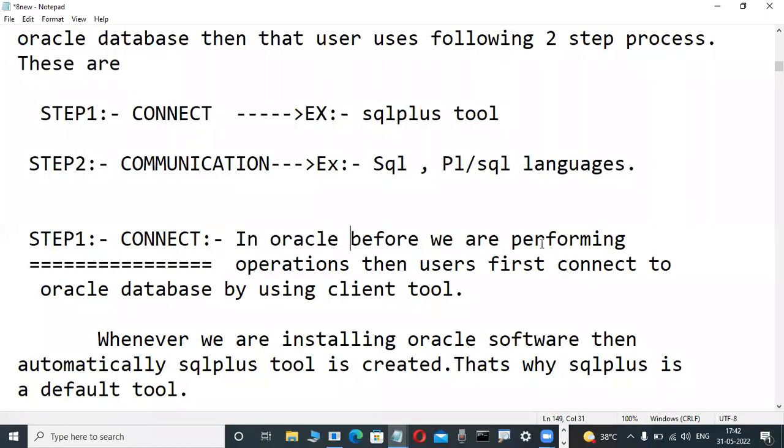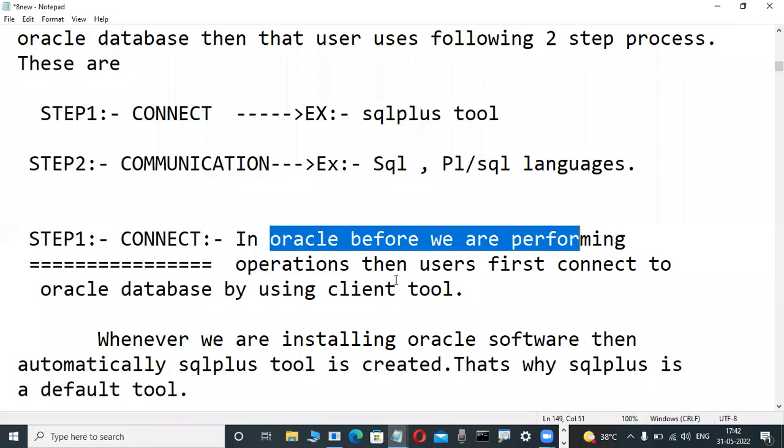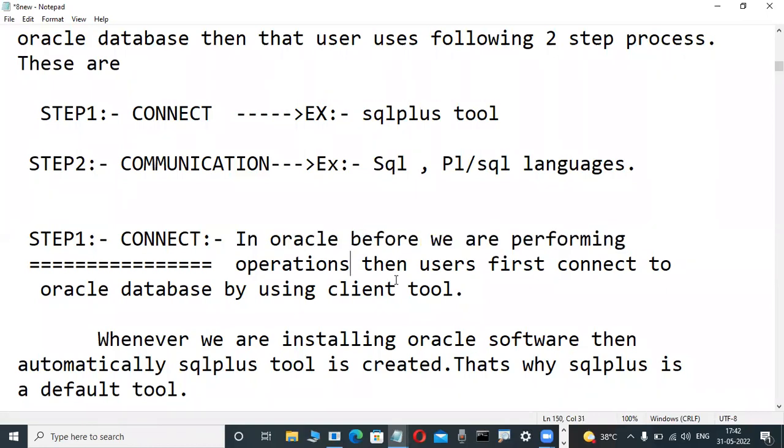In Oracle, before we perform operations, users first connect to the Oracle database by using a client tool. Oracle Corporation gives this theory, very easy.